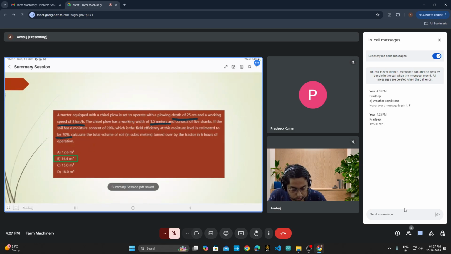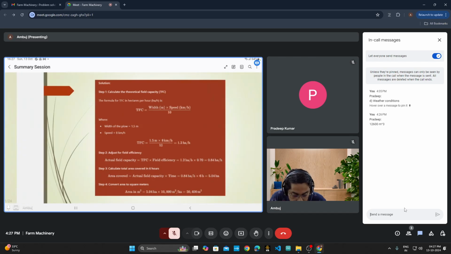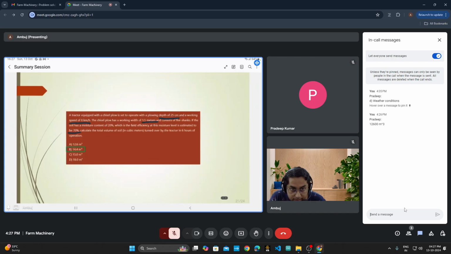So theoretical field capacity is S multiplied by W divided by 10. 5 shanks are there, and working width has been provided as 1.5 meters. Meaning, we will not multiply 1.5 by 5 here, because it's a chisel plow and the working width has already been given, but to create confusion, 5 shanks has also been provided.